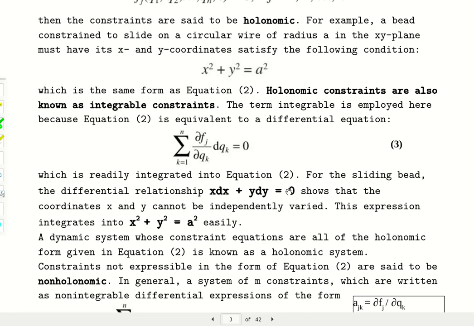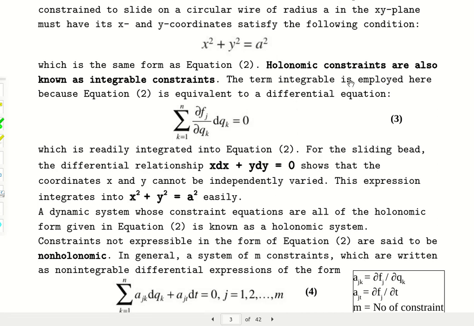This is also an equation of constraint, but in differential form, and one can easily integrate it. The result of integration will be x square plus y square equal to a constant, say a square. So this is a differential form of the constraint equation which can be integrated. Holonomic constraints are those whose differential constraint equation can be integrated out. So it is written here: integrable constraints.